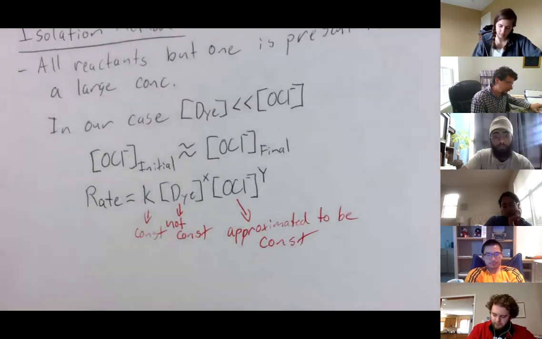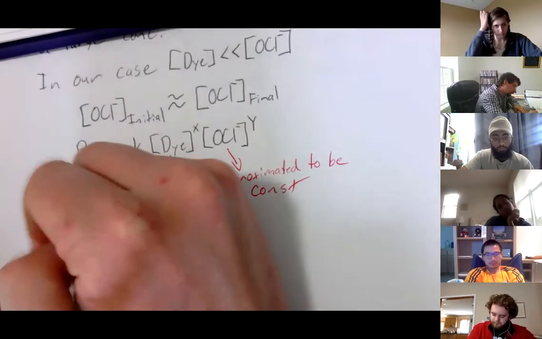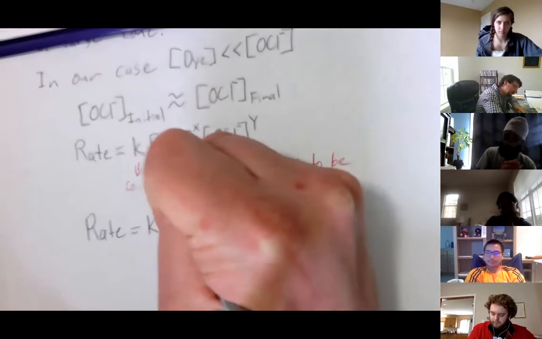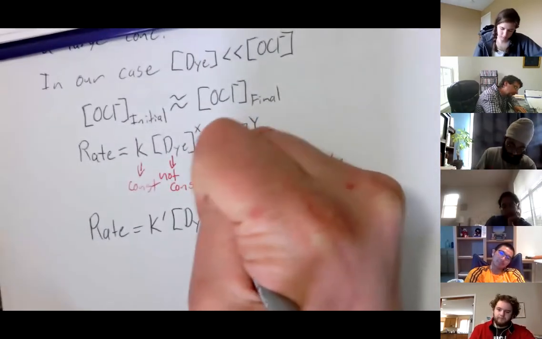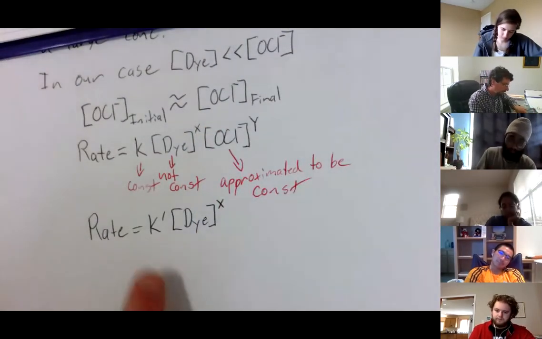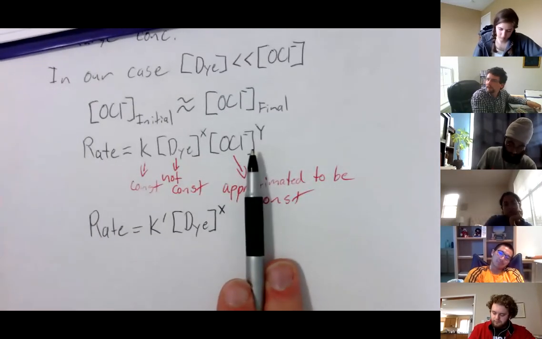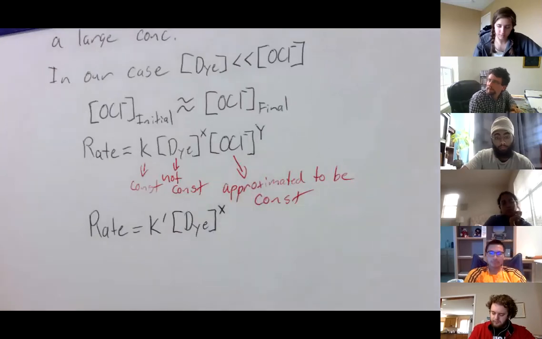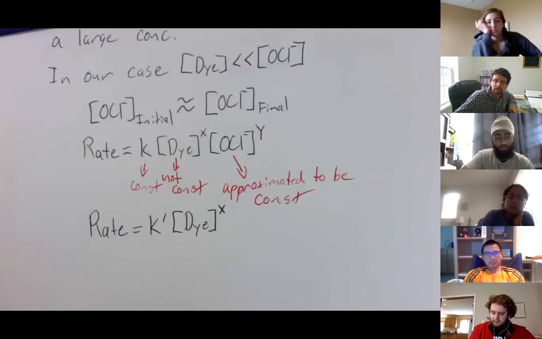That leads us to a new rate law that we could write. We could do rate is equal to K prime, dye raised to the power of x. Why can we just get rid of this term here? What have we done to it? Since it remains constant, would it be like what was said earlier, 0 order?